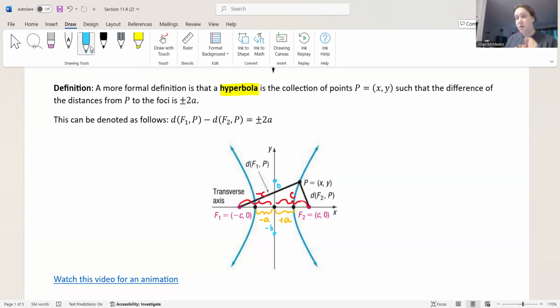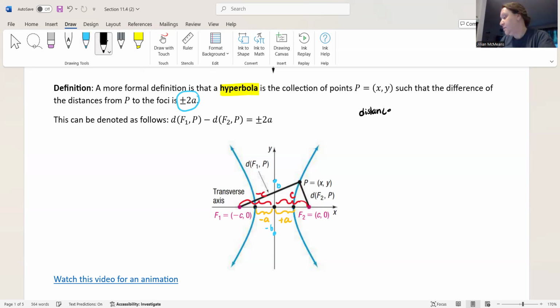And the distance from the first focus point to a point on the hyperbola, minus the distance from that same point to the second focus point, is always going to have a length of plus or minus 2a. So basically the distance between the two vertices is going to be the distance. So let me write it out.